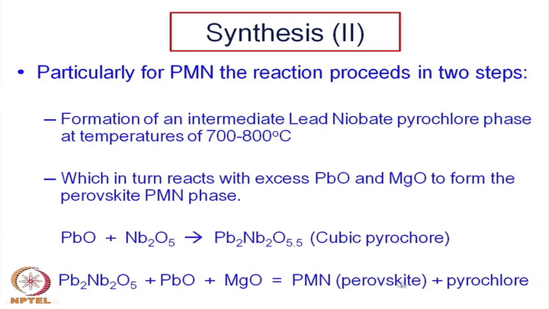Pb2Nb2O5.5, sometimes it is written as 5 and in some cases 5.5, but it does not matter, basically it is a cubic pyrochlore phase. It reacts with excess PbO and MgO to form the PMN perovskite structure plus pyrochlore.